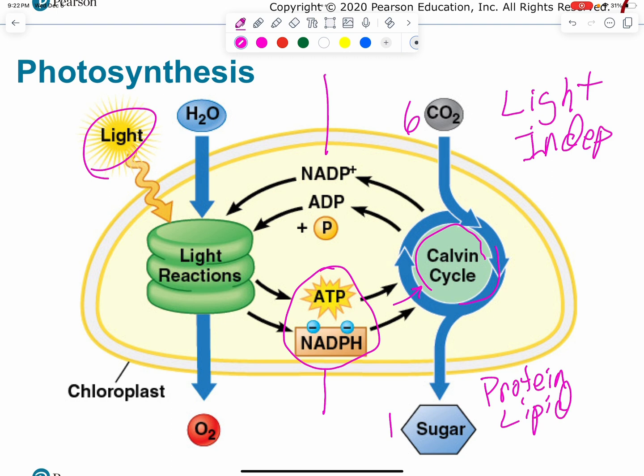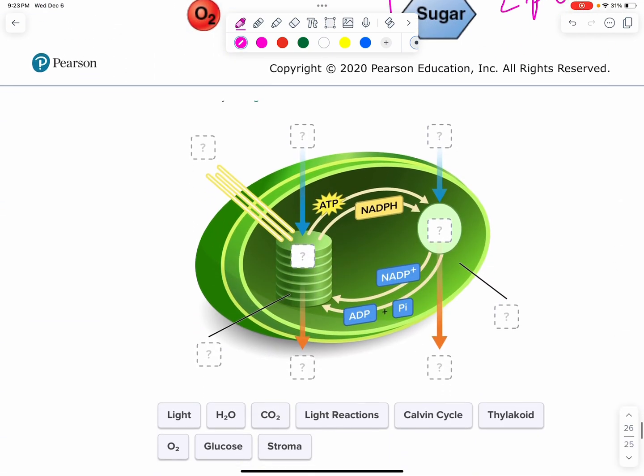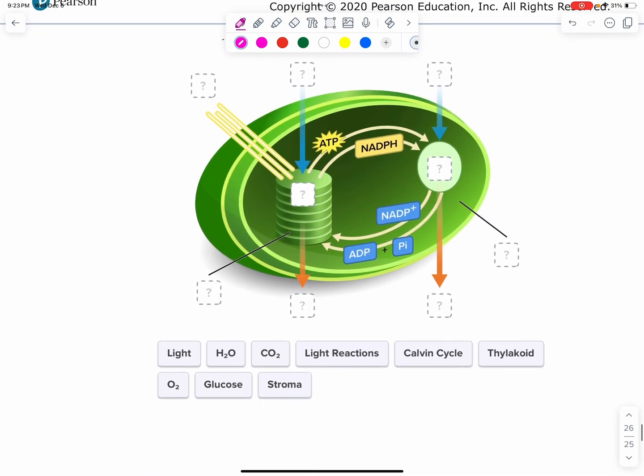So think about the gorilla. That guy doesn't eat animal protein. It eats plant protein. So herbivores can get their protein source by plants.